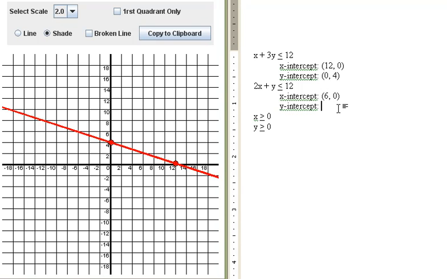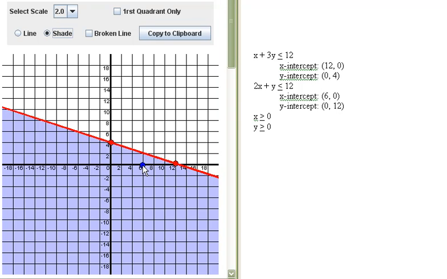My y-intercept, again, works exactly the same way. We let x be 0 because x is 0 anywhere on the y-axis. So this part of our equation would be 0. We'd have y equals 12. And so our y-intercept would be 12. So 6, 0 is right here.